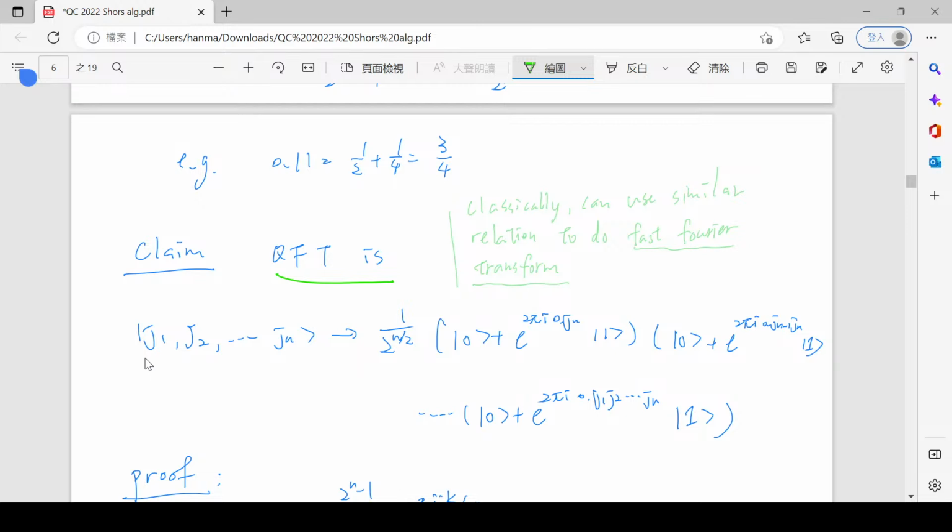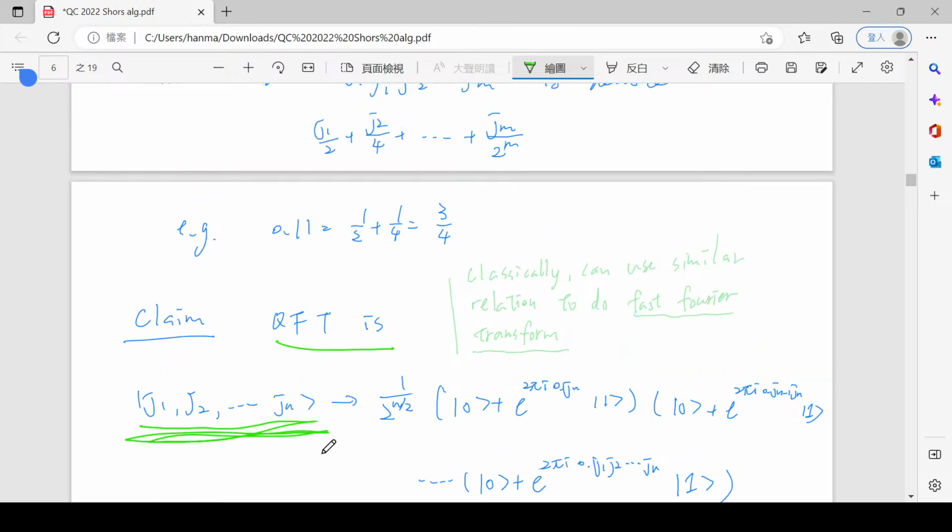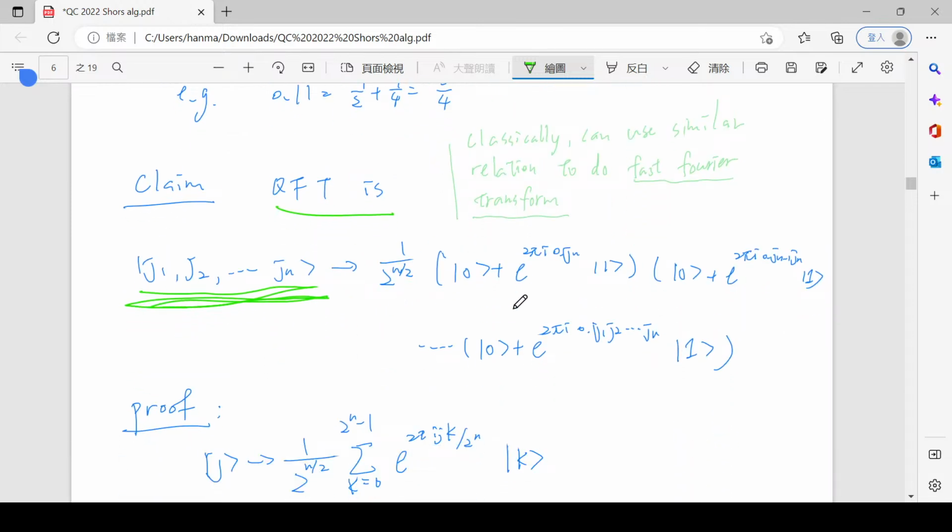So you only need to think about what you do on a computational basis state. What happens is you take a computational basis state, do the quantum Fourier transform, and you will see these weird rotations on every qubit.